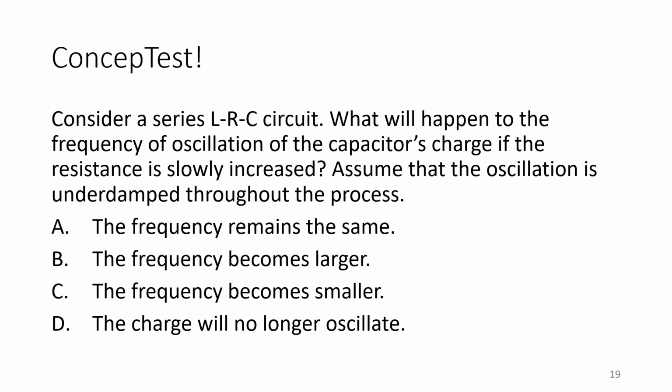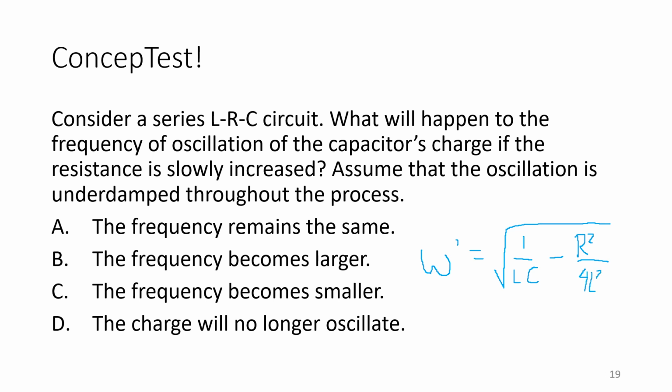Now, as a hint, when you answer this problem, remember how omega prime looks like, because it's omega prime that actually tells you whether you're going to oscillate or not, or how your oscillation looks like. So, omega prime is going to be the square root of 1 over LC minus R squared over 4L squared. I'm speaking as slow as I write.